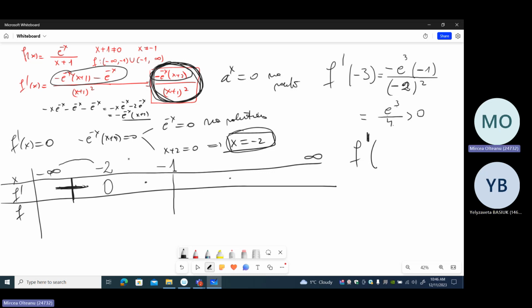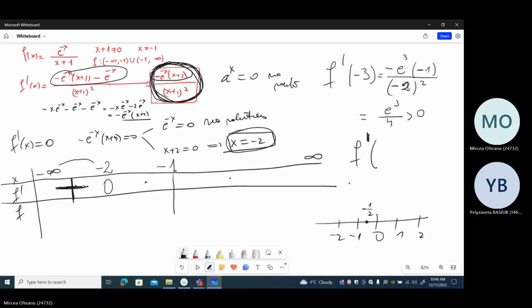Minus 1/2 is not between minus 2 and minus 1. Look here. Minus 1/2 is here. Yes, sorry. Another try. A number between minus 2 and minus 1.